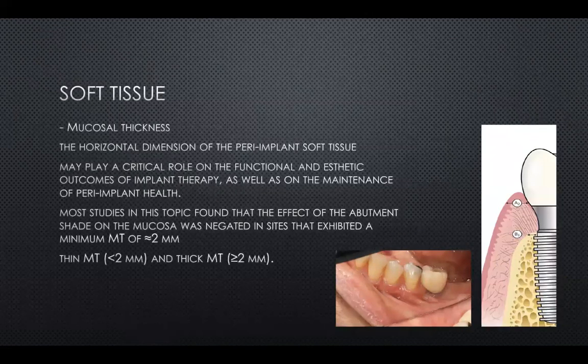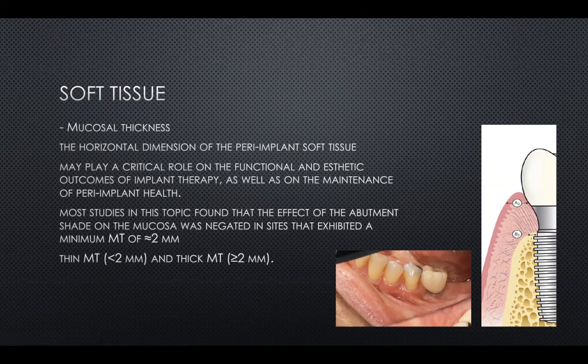The other component is the mucosal thickness, which is the horizontal dimension of the peri-implant soft tissue. It's here from this area to this area, the thickness of the gingiva around your implant and your implant restoration.